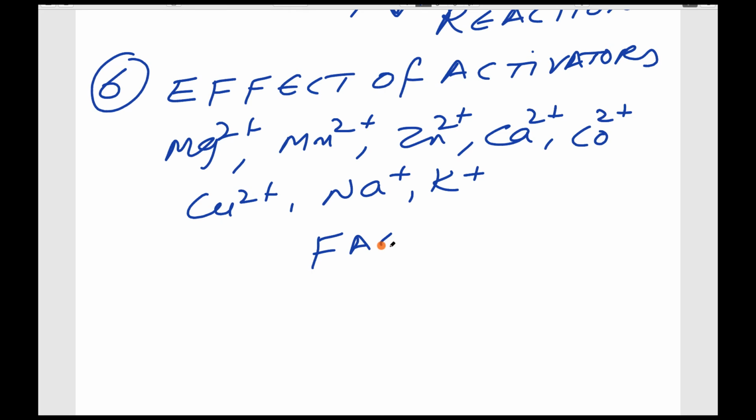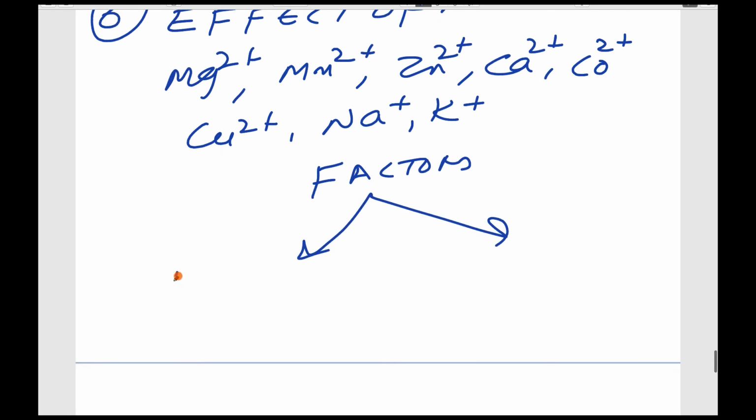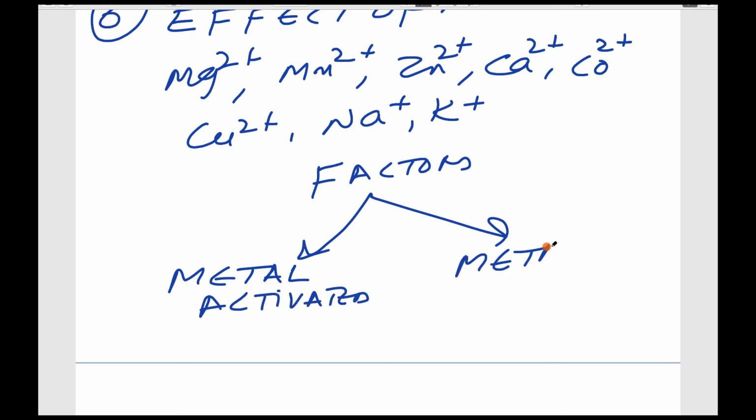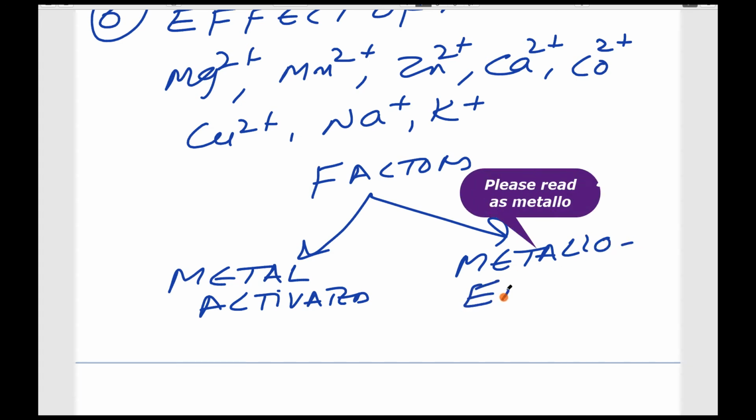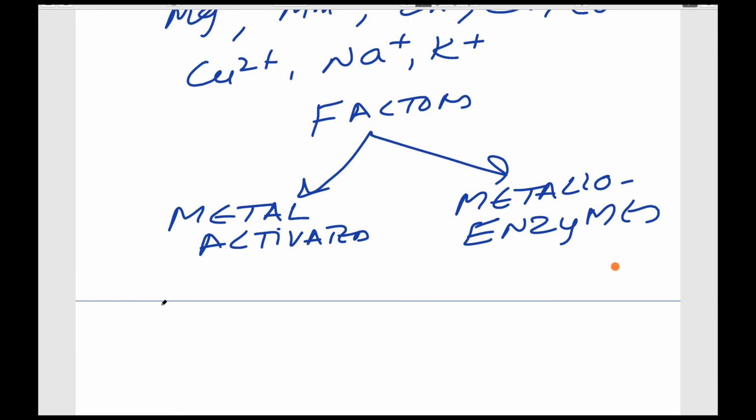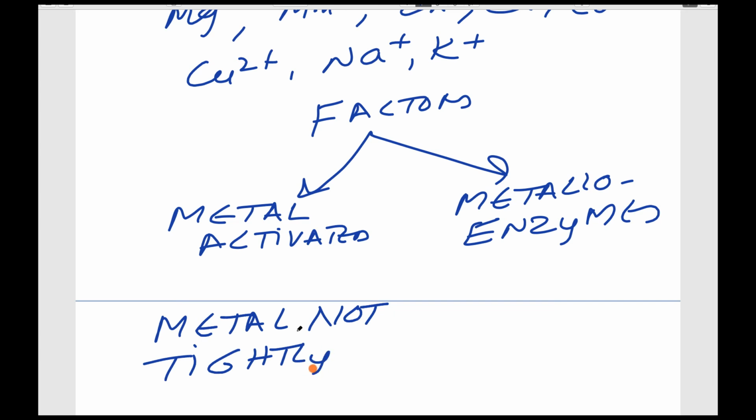These factors can be segregated into metal activated enzymes and metalloenzymes. What does it mean? Metal activated enzyme means the metal is not tightly bound with the enzyme.